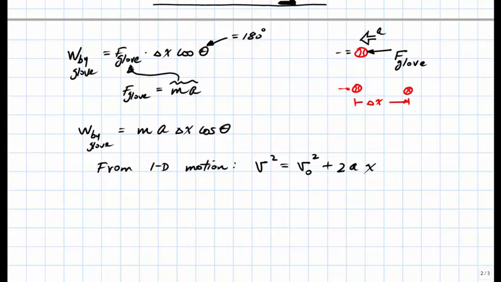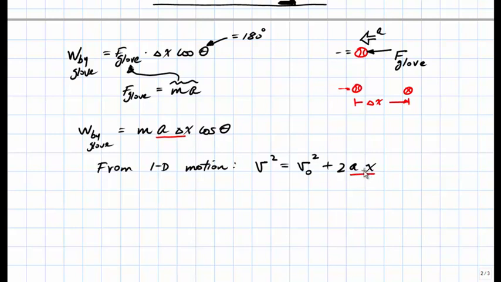And if we compare these two equations, we notice that there's an a delta x here and an ax over here, and really the displacement and the position are the same value for these circumstances. And so, again, consider that a delta x represents the same thing as a times x.